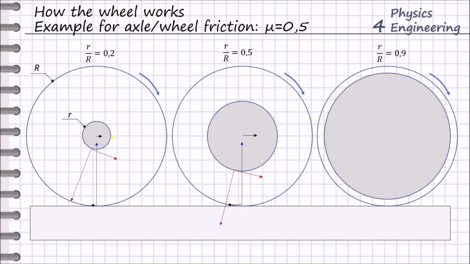For the case where the shaft has a much smaller diameter, like 5 times smaller than the wheel diameter, we see that the reaction force from the earth will be exactly the same, because it is equal to the gravity force acting on the axle. But the stiction force and driving force are already much smaller.